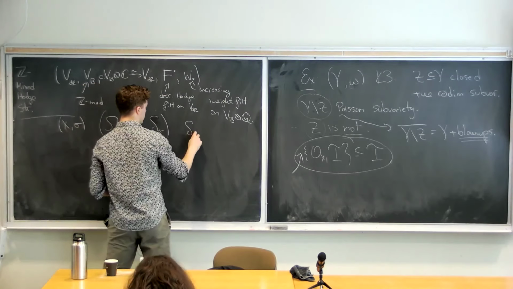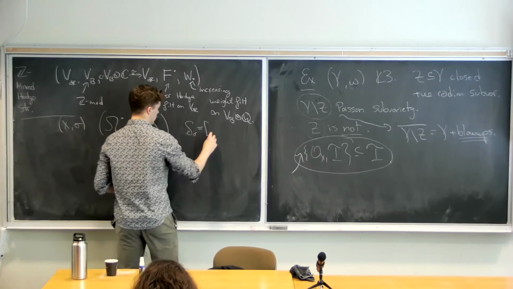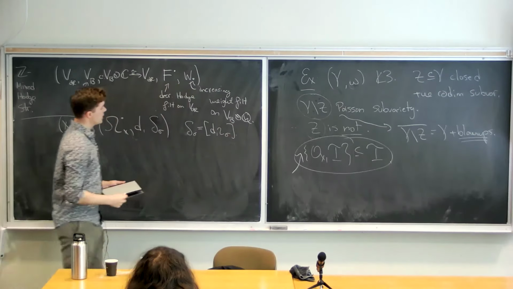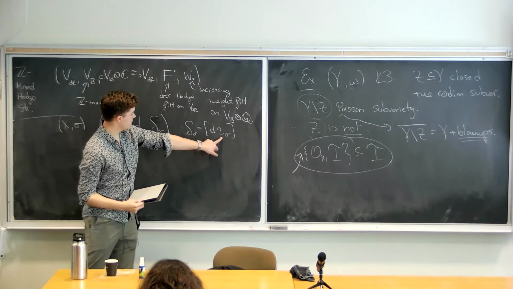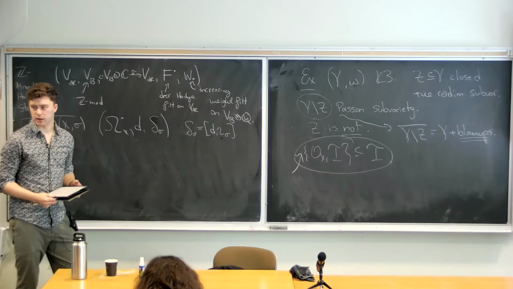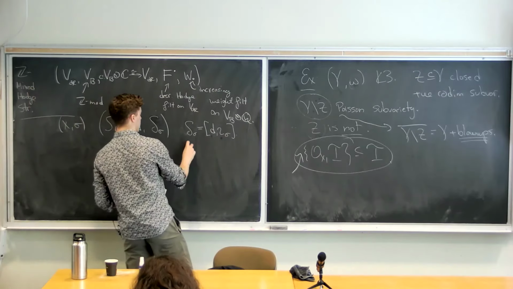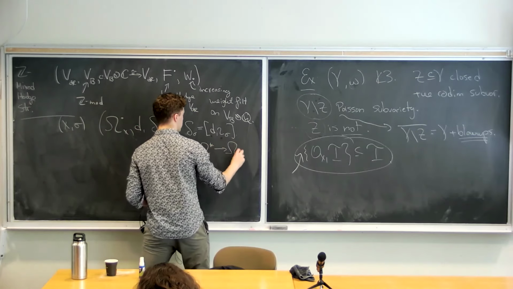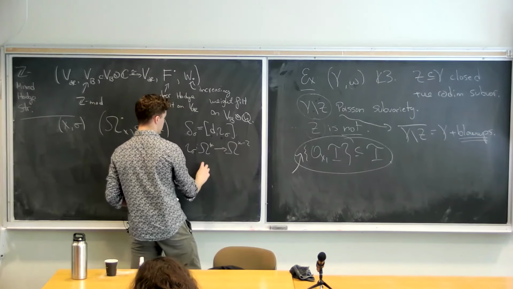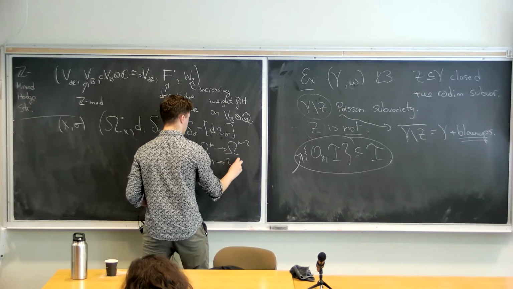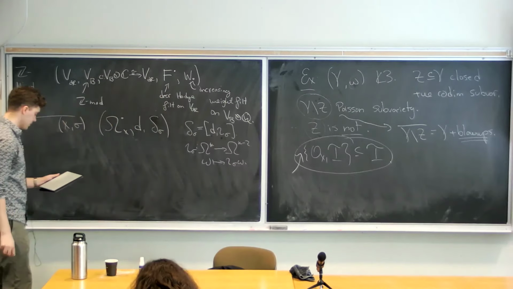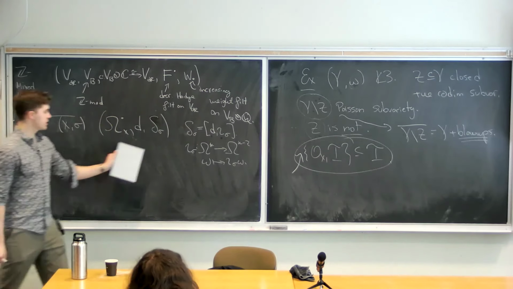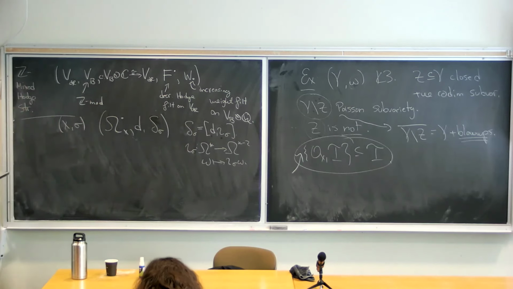This delta sigma is the operator which is the difference of d i sigma and i sigma d, like in the Cartan calculus, where again i sigma maps my k-forms to (k minus 2)-forms just by contracting with the Poisson bivector. You can check this is a double complex.